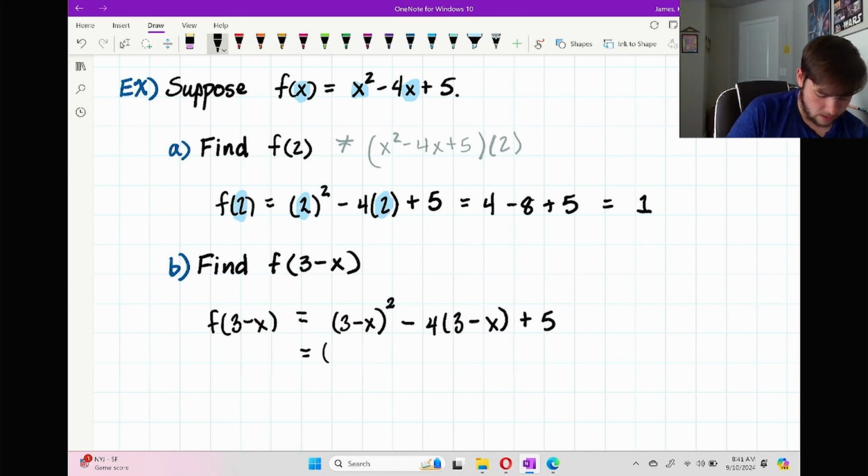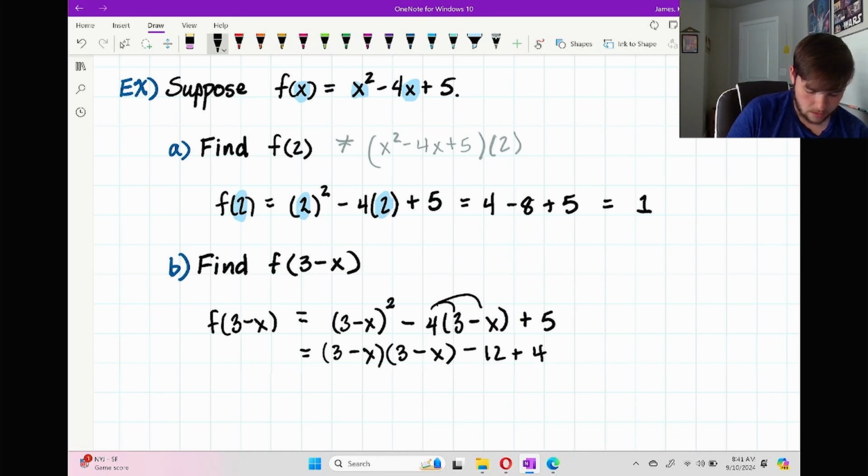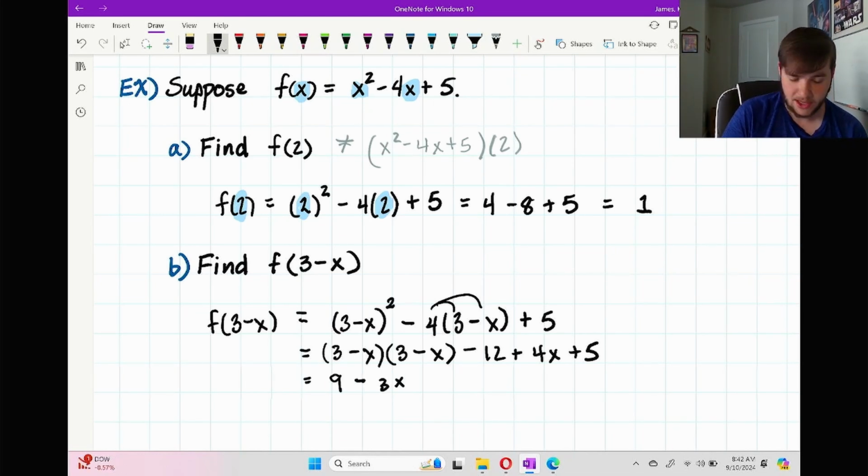Foiling this out, distributing the minus 4, adding the 5, got a little bit more I can do here. First terms give me 9, outside negative 3x, inside negative 3x, last plus x squared.